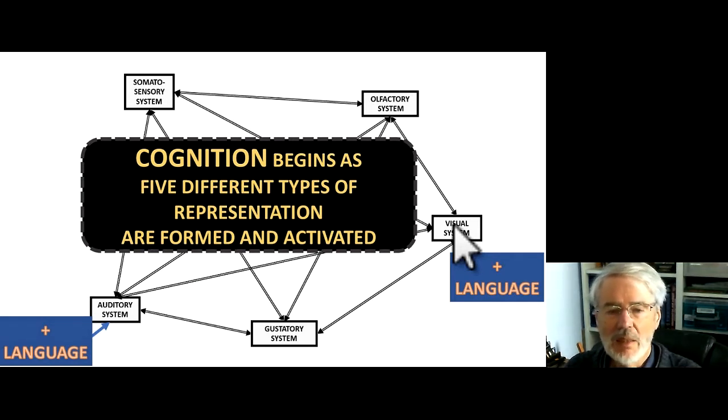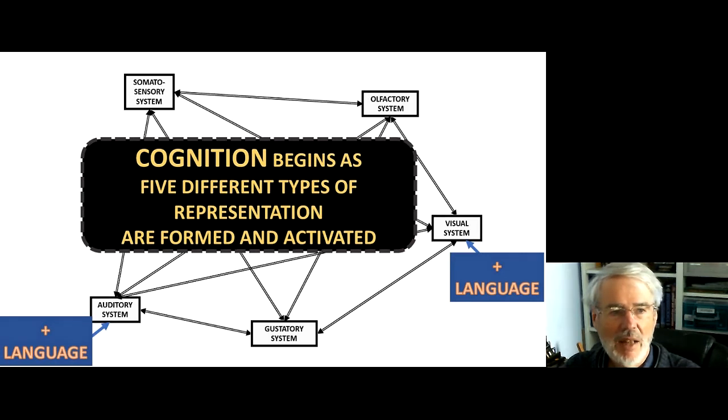In the same way, the auditory system has a whole lot of representations of different sounds that we've experienced, and we represent these in various ways. Some of these representations happen to be connected with language, although the auditory system doesn't know this. It only becomes language later, as we'll see.